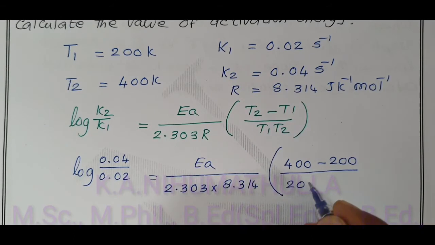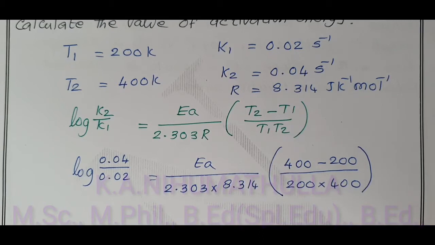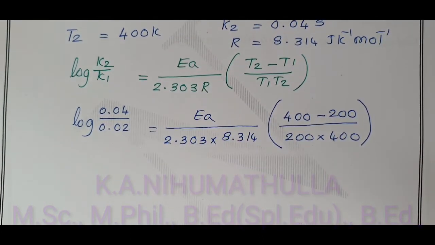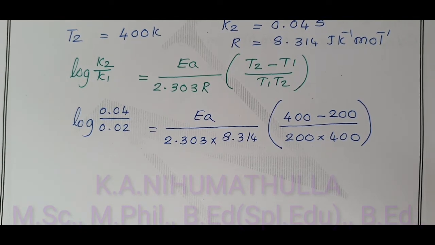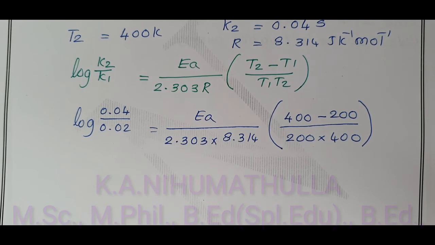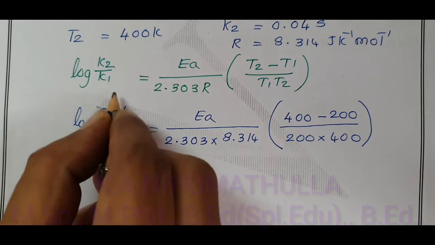T1 is 200 and T2 is 400. Now we can easily solve this. When we cancel 0.02 and 0.04, we will get the answer 2.